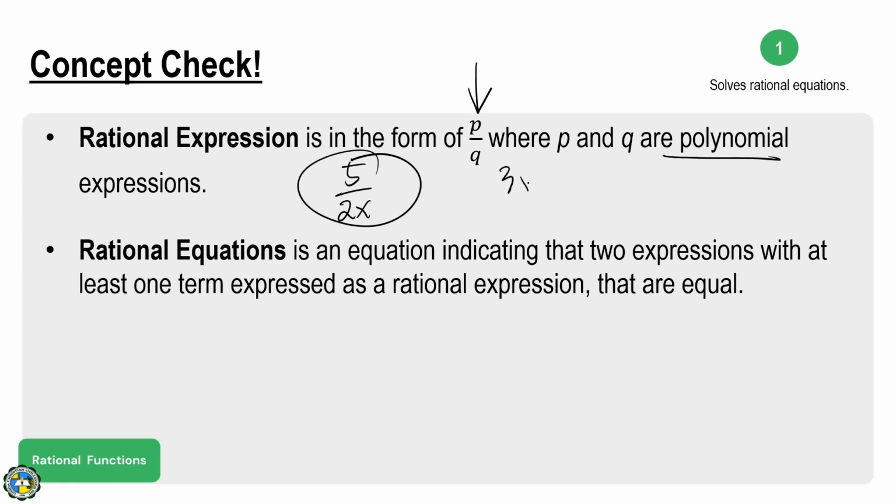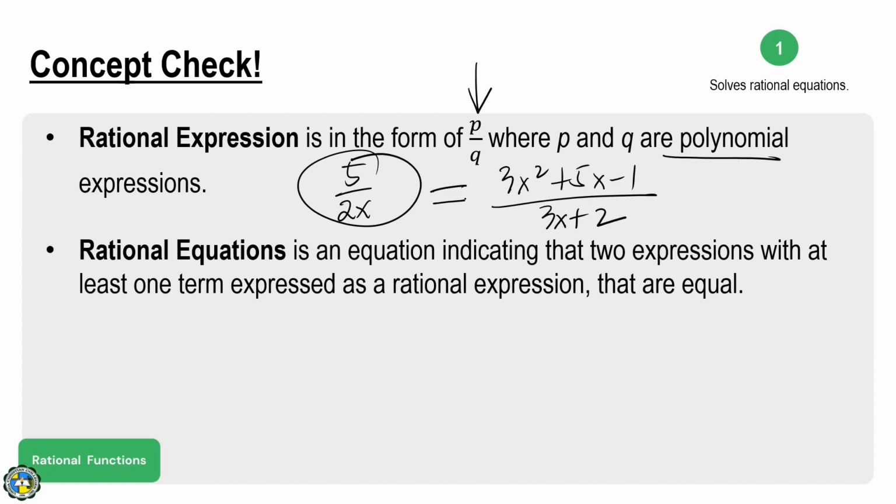Okay? So remember po, when we combine two rational expression equated by an equal sign, no, therefore that is a rational equations na po. So rational expression is just like this, no, 5 all over 2x. No? 3x squared plus 5x minus 1 all over 3x plus 2. So this is a rational expression. But when we have an equal sign, no, we are now pertaining to rational equations. Okay?